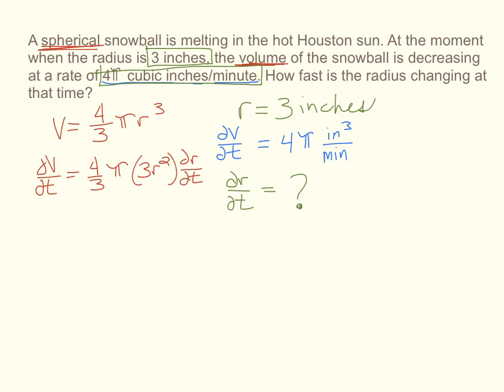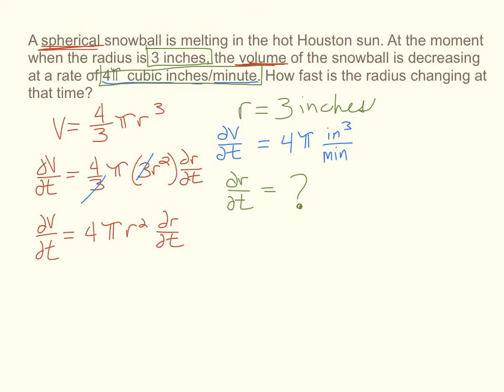Now we will do a little bit of simplification in that this 3 and this 3 can cancel. So we're left with dV dt equals 4 pi r squared dr dt.